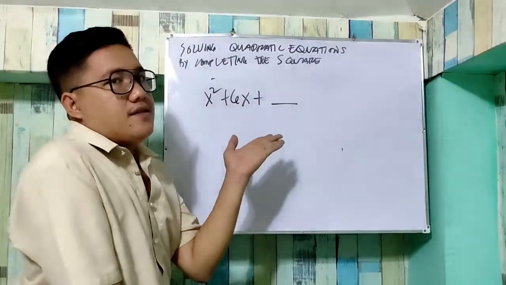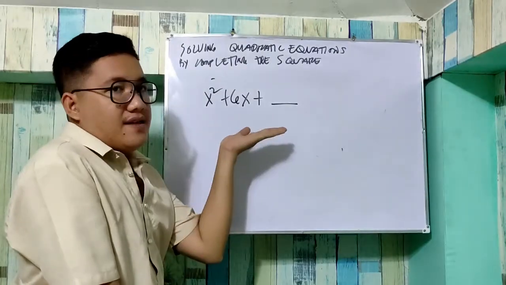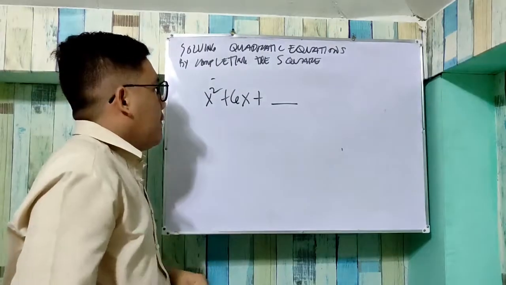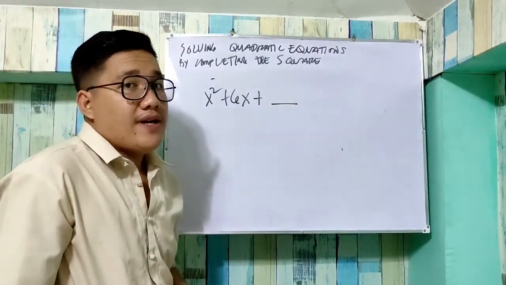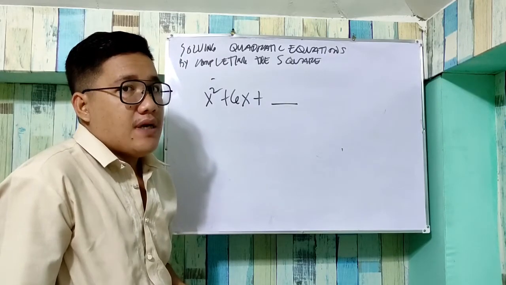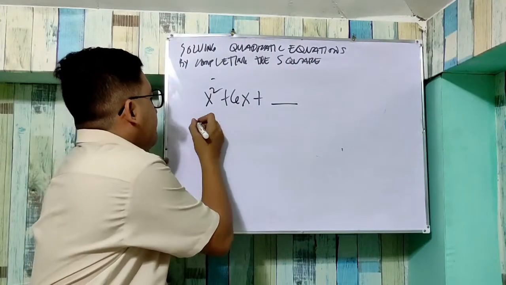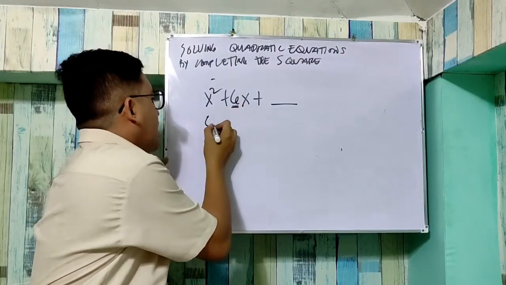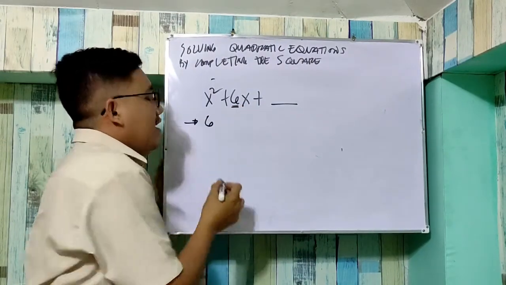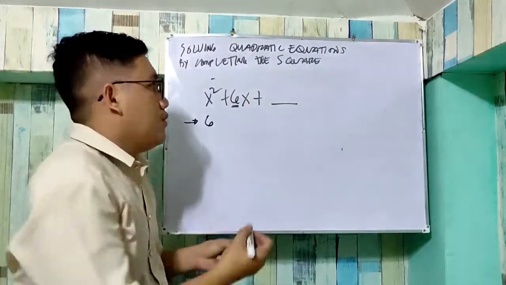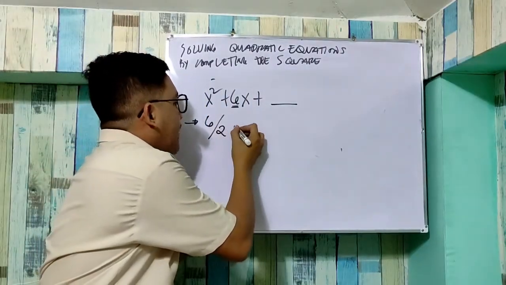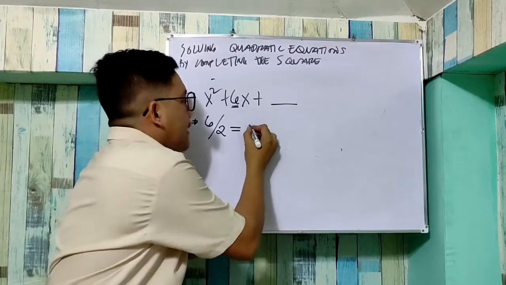So, in this case, to make this a perfect square trinomial, kukunin natin yung numerical coefficient ng middle term. Pag yung last term ang kailangan natin, which is 6, i-divide lang natin yan ng 2. Always divided by 2. Magiging siyang 3.